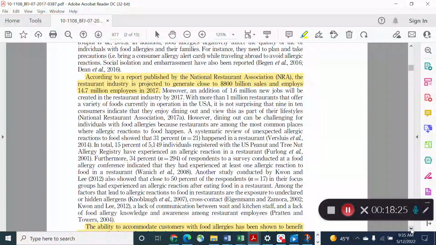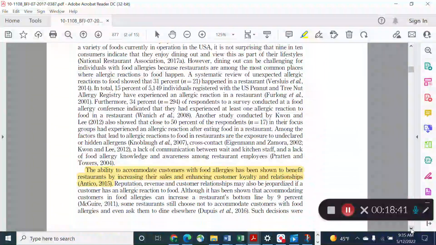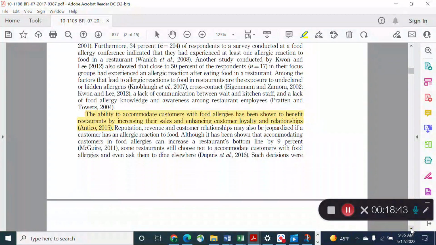And clearly this is in 2017, before the pandemic. So a lot of this information may be slightly or quite different now. But at this time, here's what they knew. So they now are moving from allergies to information about the food service industry.